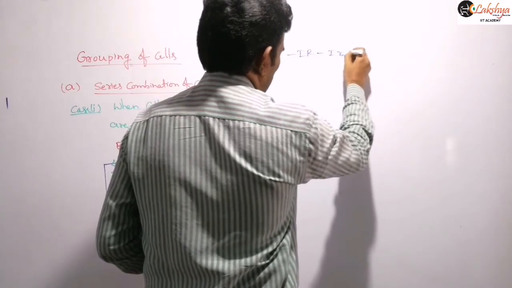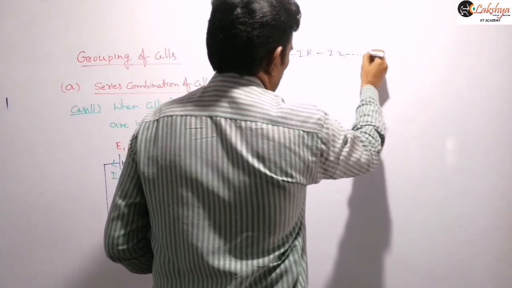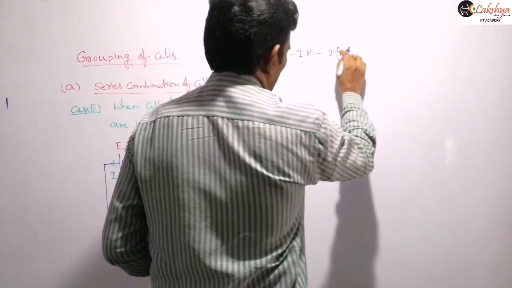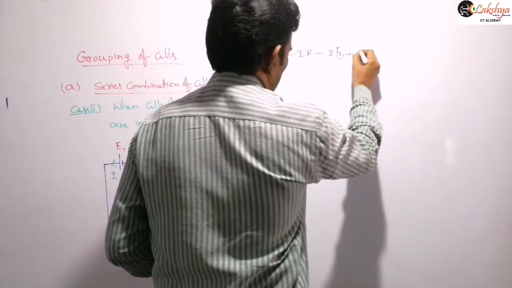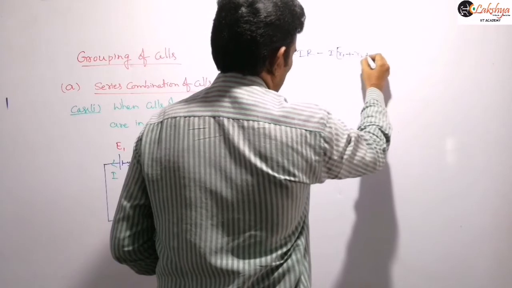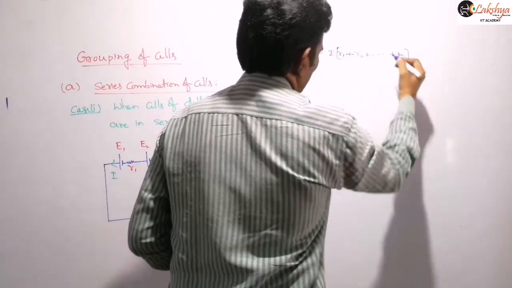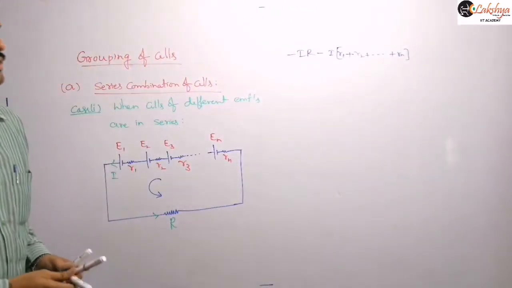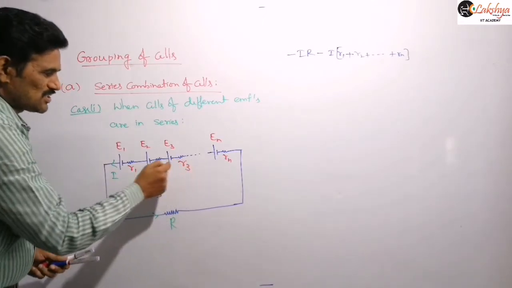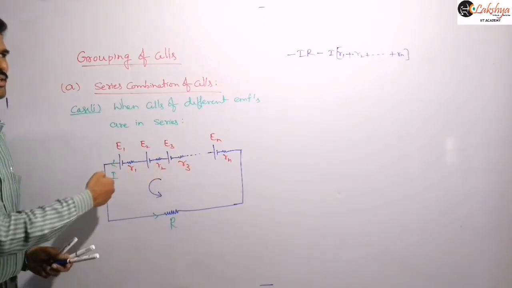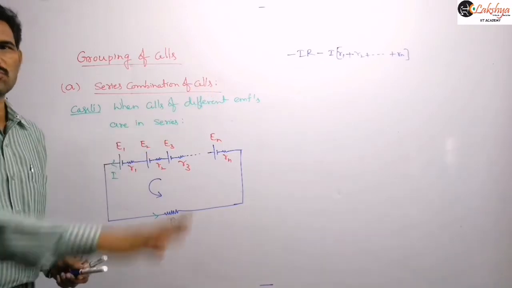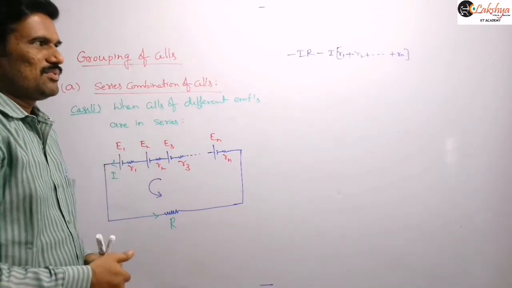I am taking I common, so R1 plus R2 plus and so on plus Rn, right? For all these internal resistances, we are traveling in the direction of current only, so for all of them you will get this same negative sign.